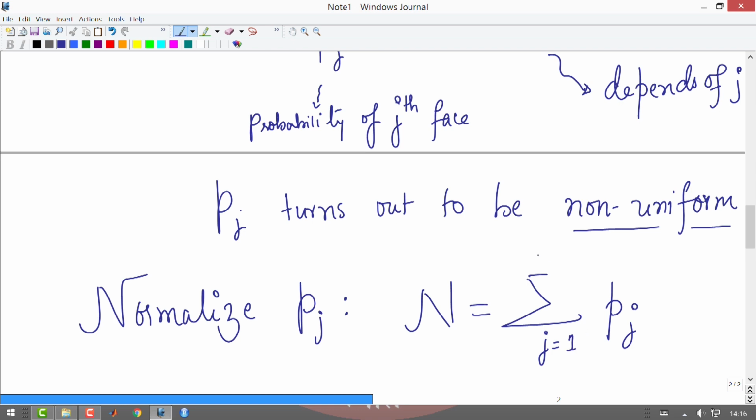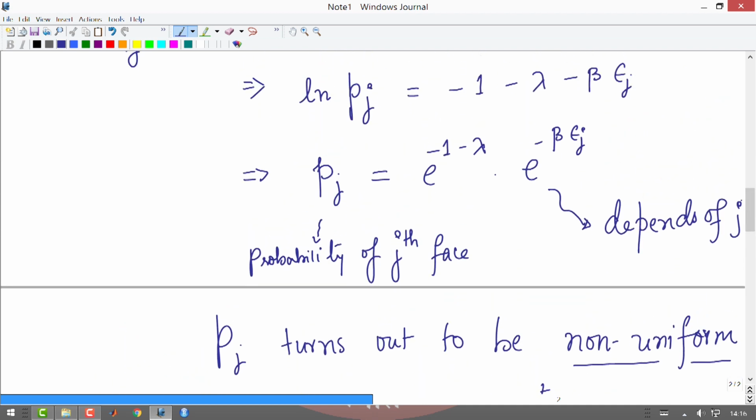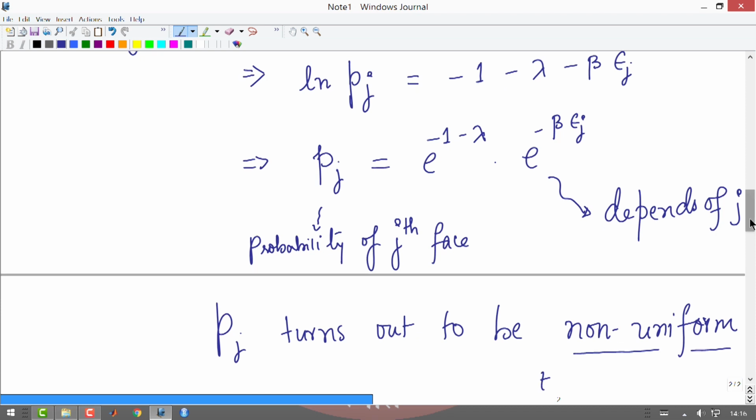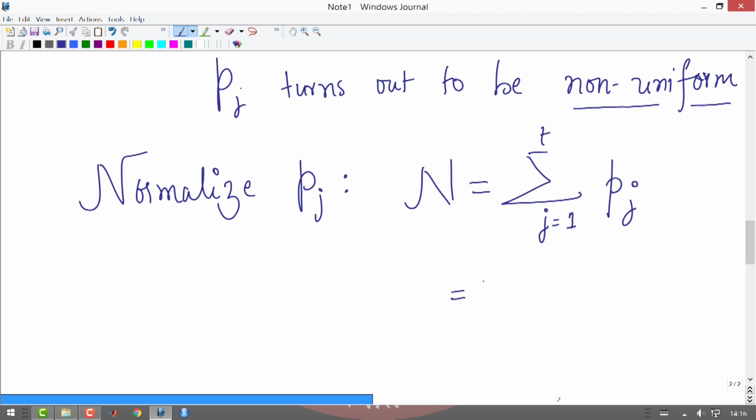So, this will go from 1 to t, and because the value of P of j is given here, it simply becomes, if I sum it t times, e raised to minus 1 minus lambda into summation on j P of j.